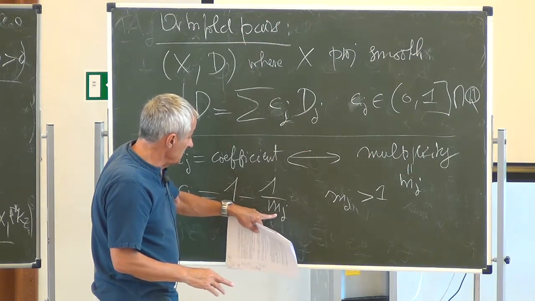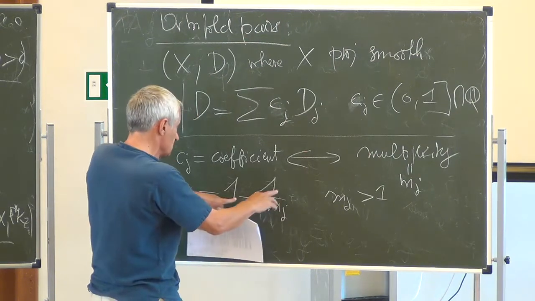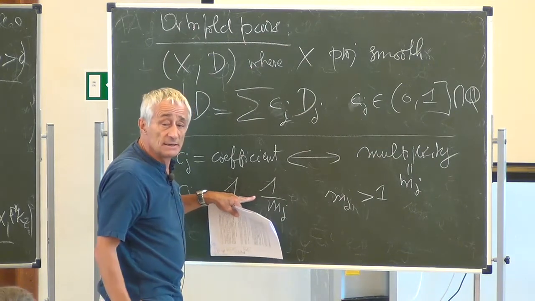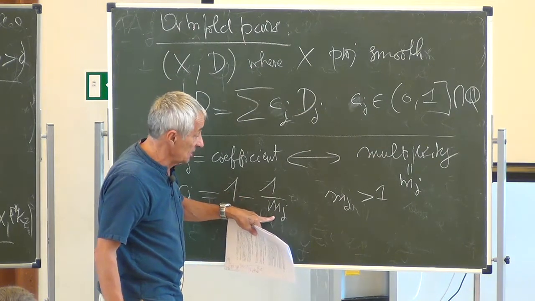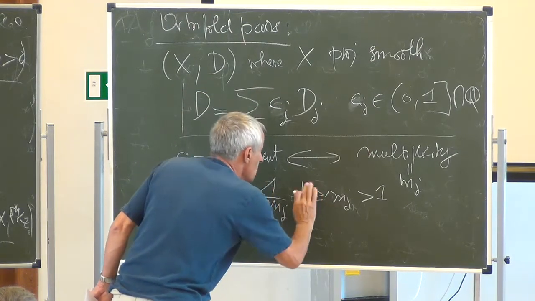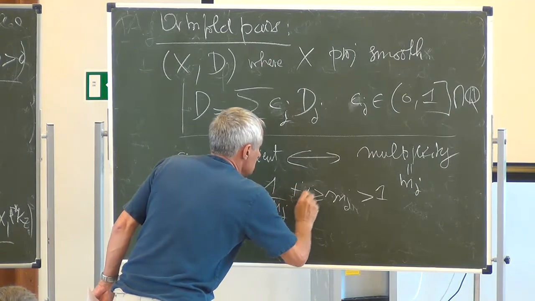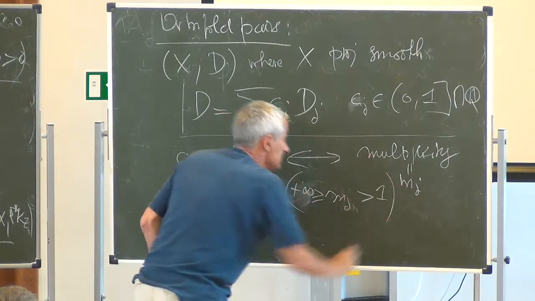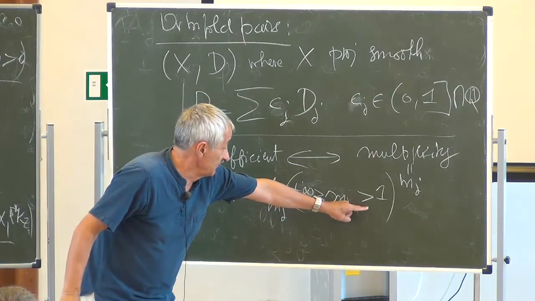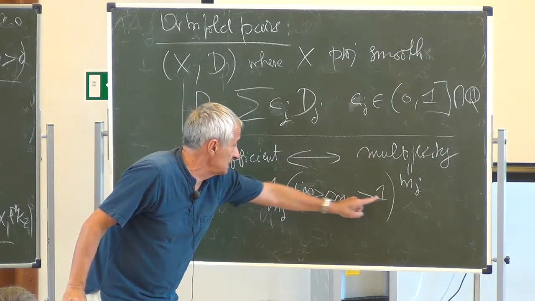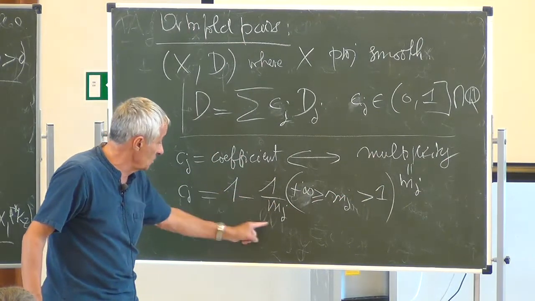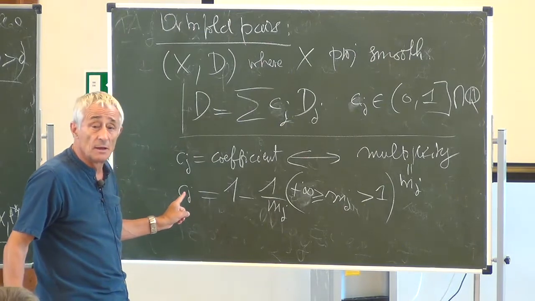And if you want c_j equal to 1, you need 1 over m_j equal to 0, so this means that m_j is plus infinity. So this multiplicity corresponds to a rational number between 1 and plus infinity, and plus infinity corresponds to coefficient 1.